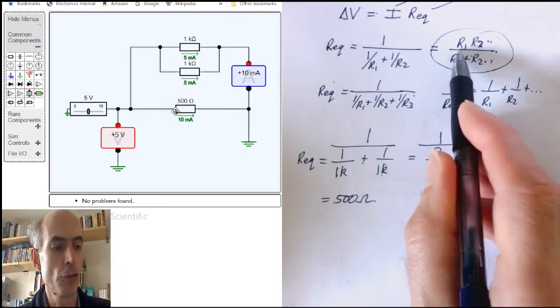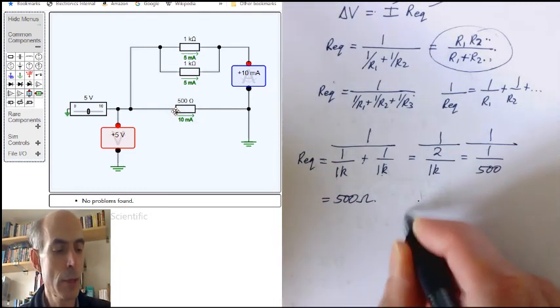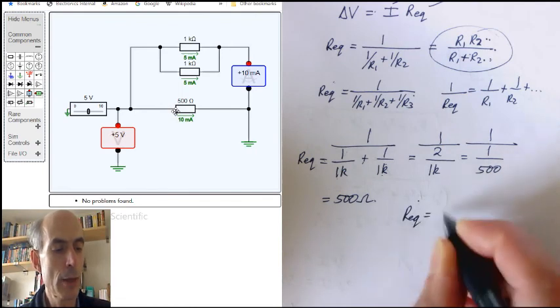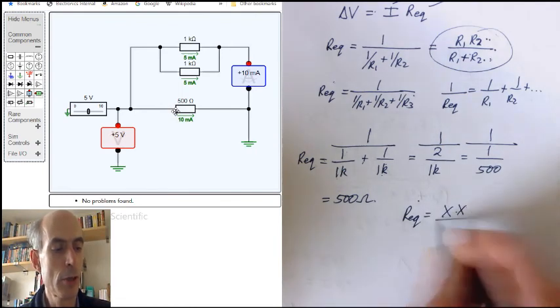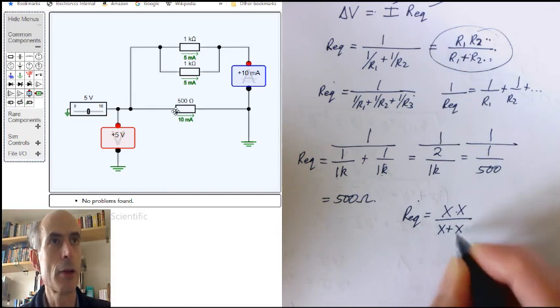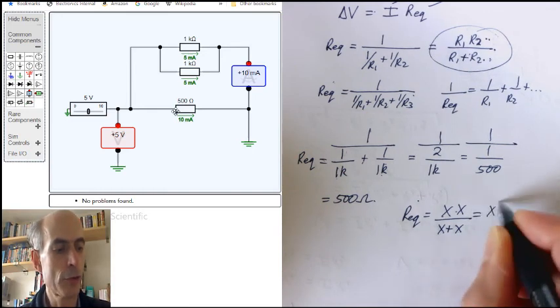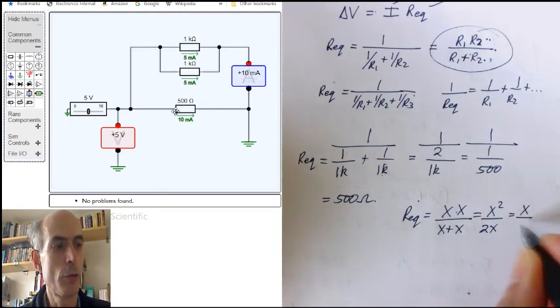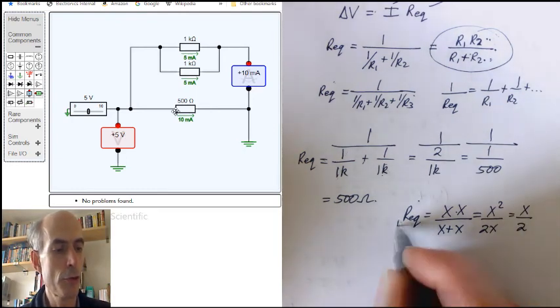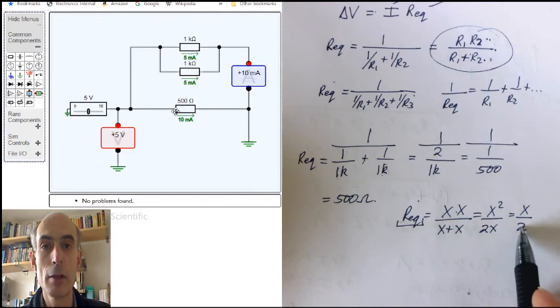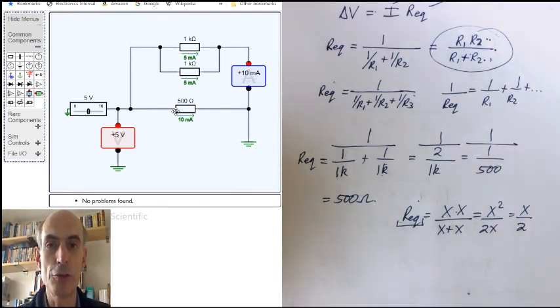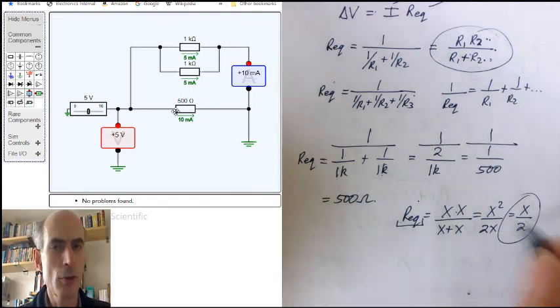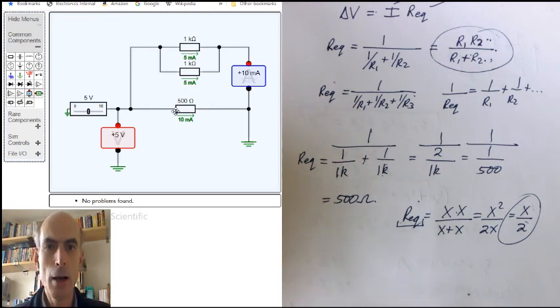If the resistance was X, say, then the equivalent resistance, X times X all over X plus X, gives you X squared over 2X, and that's just X over 2. The equivalent resistance is half of the individual resistors. That's worth knowing as well.